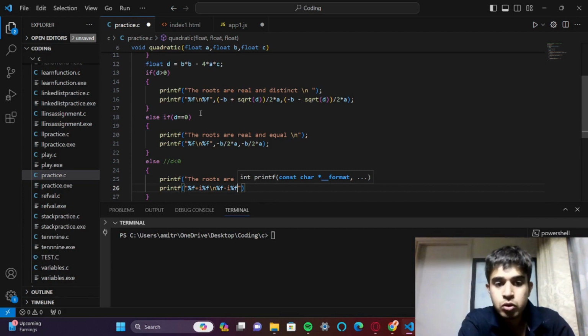So we will have two roots, so that one is minus b plus under root of b square minus 4ac by 2a.